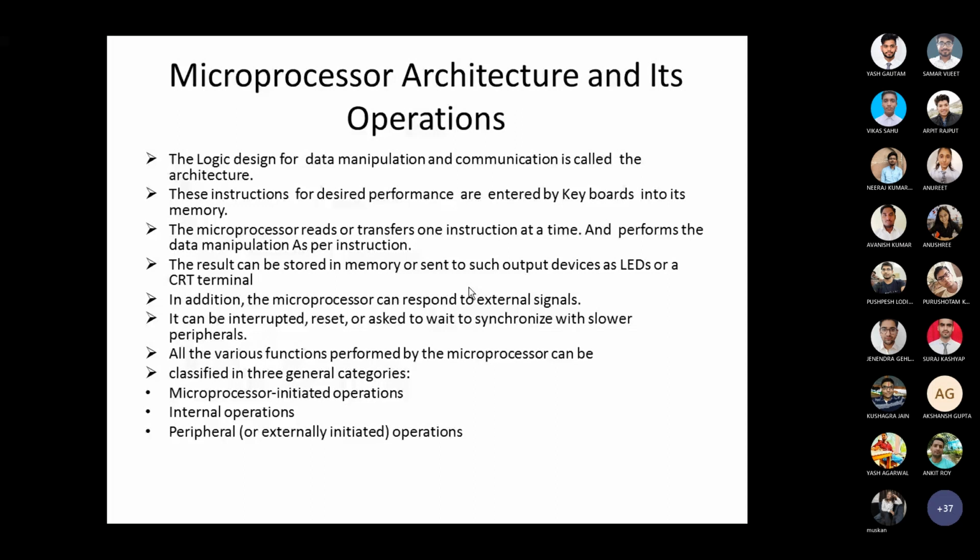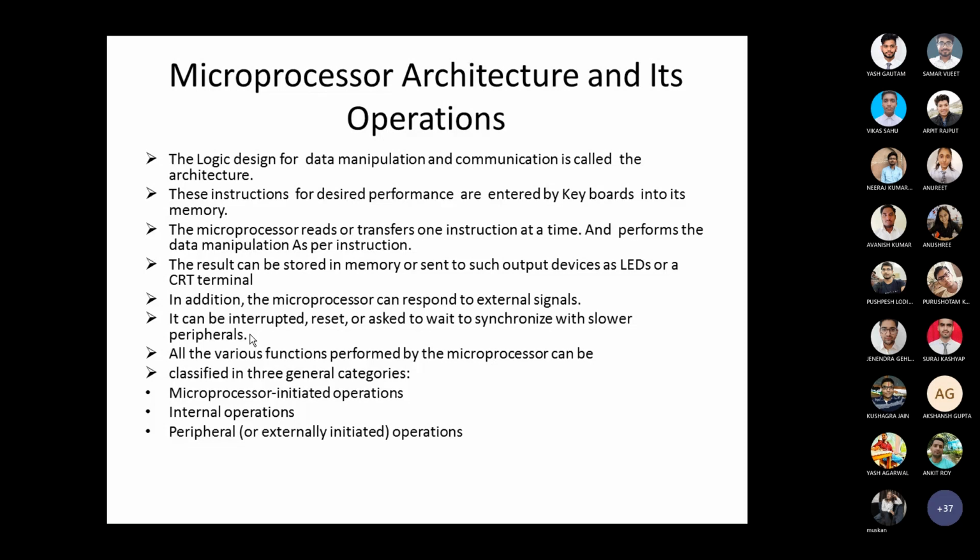Sometimes any peripheral will ask for the data at a particular location, then that address location will be pointed, and the data available there will be given to the required bus. So here you can see interrupt, reset and synchronization request. These are the different external control signals which have to be responded to by the microprocessor.